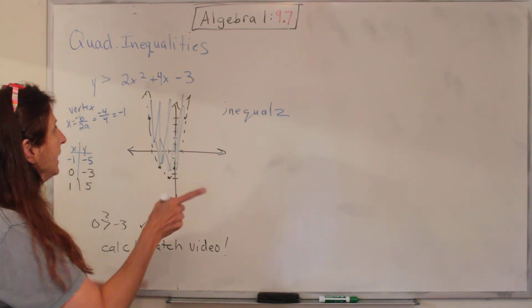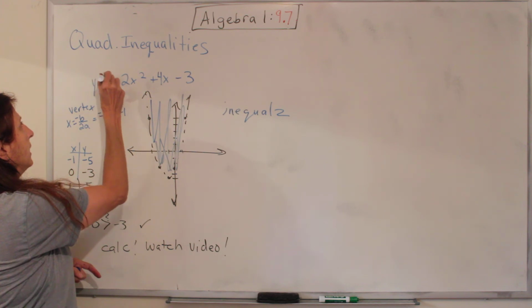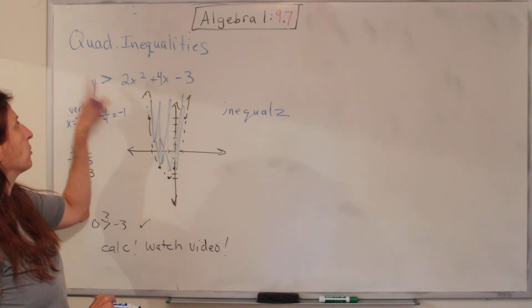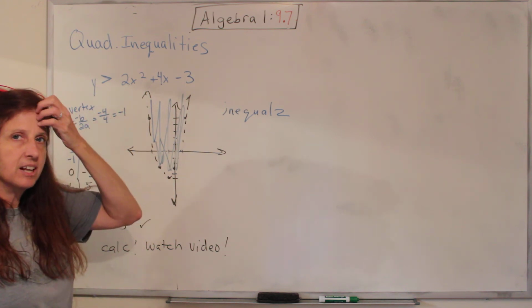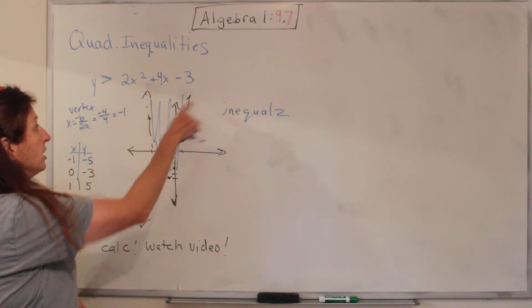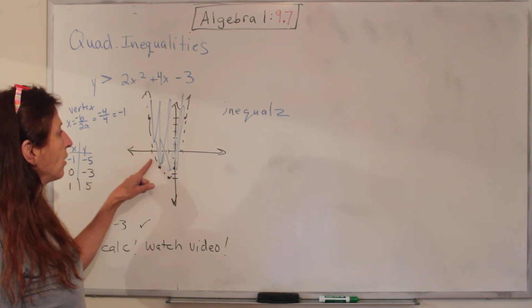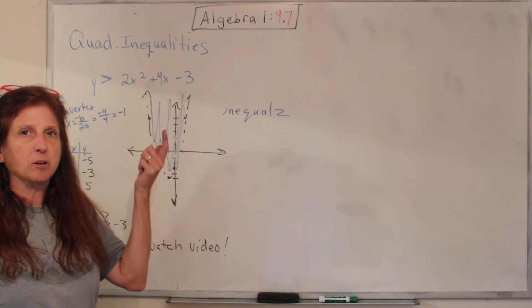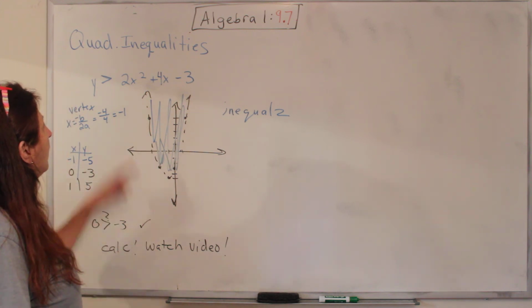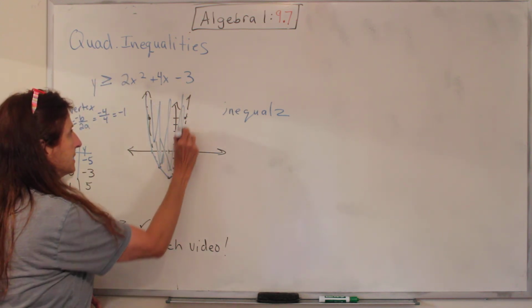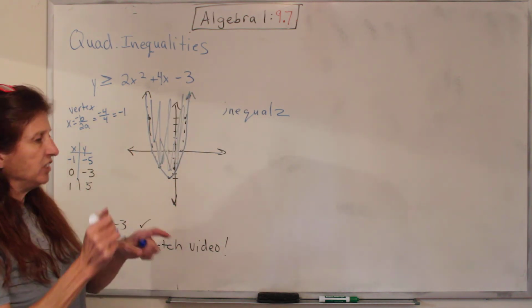In it, we're going to be able to go into our y equals button and change them to greater than, less than, stuff like that. Then we're going to put it in, and it's going to show it to us. And then we can use trace and get our points, and bada bing, we got it. If this had been or equal to, this line would have been solid instead of dotted.